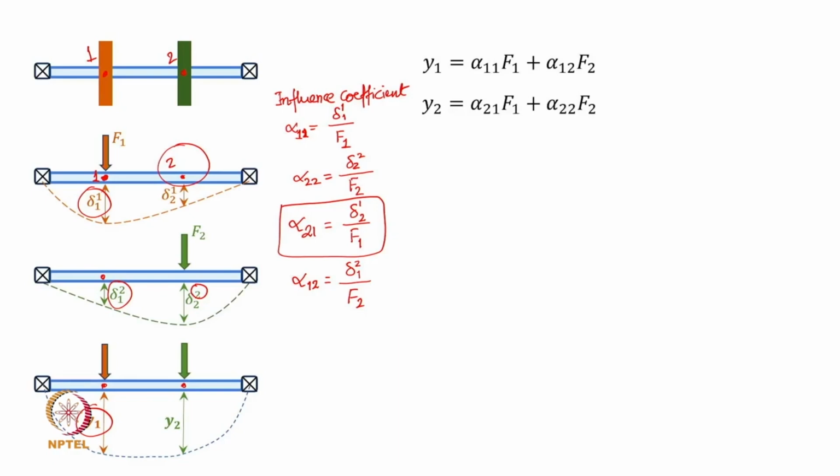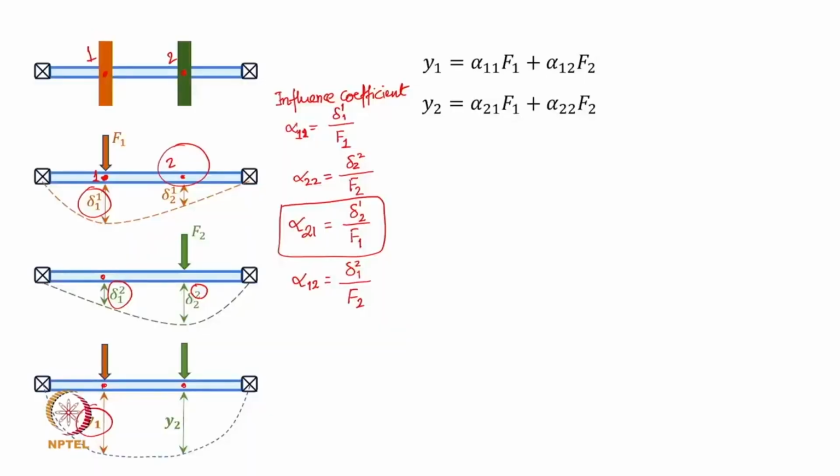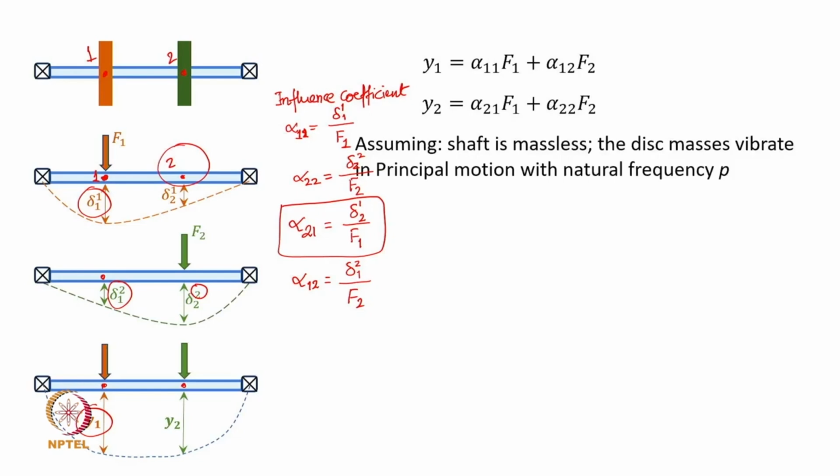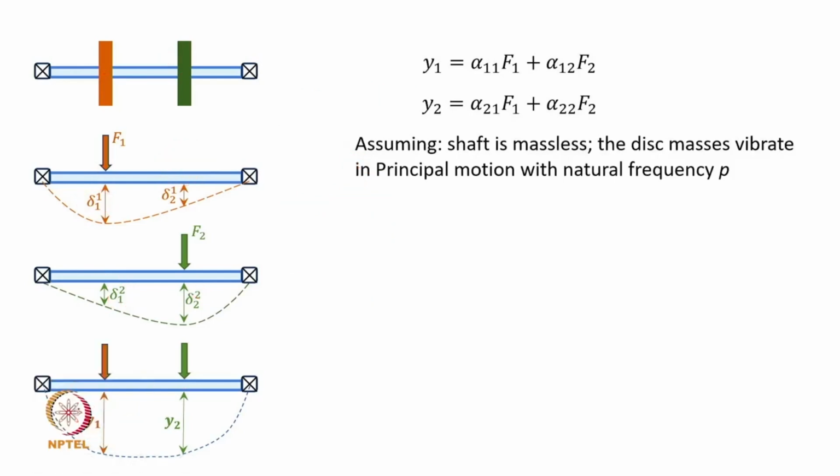So, we now need to use this for our vibratory motion. Okay. The system is going to vibrate, and we take the example here that the system is vibrating in one of the principal modes, which you are already aware of, meaning that the entire system vibrates with a harmonic motion at a particular frequency, and that frequency is one of the natural frequencies.